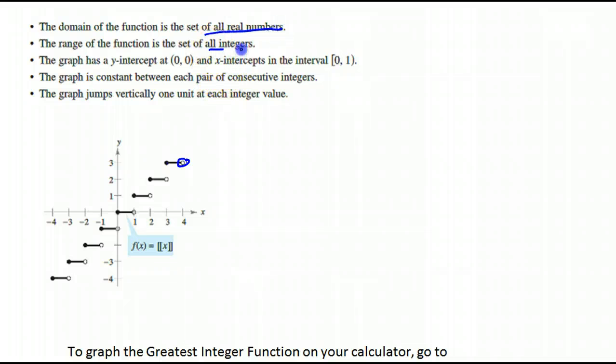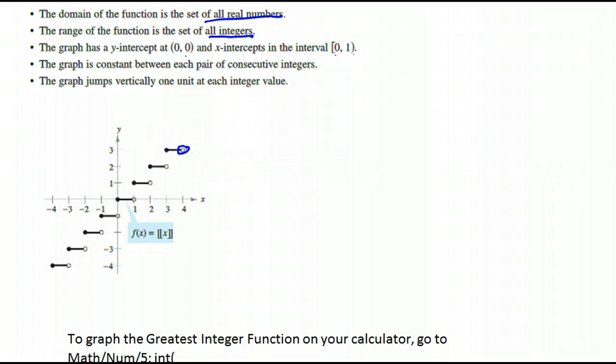The range is all integers. There are no decimals in the range. The graph has a y-intercept at 0, 0, and x-intercepts in the interval from 0 to 1, including 0. The graph is constant, which means it's perfectly horizontal between each pair of consecutive integers, and then you jump one integer each time.